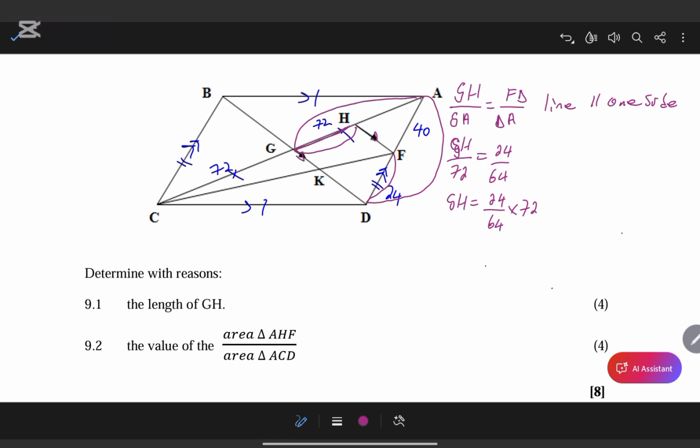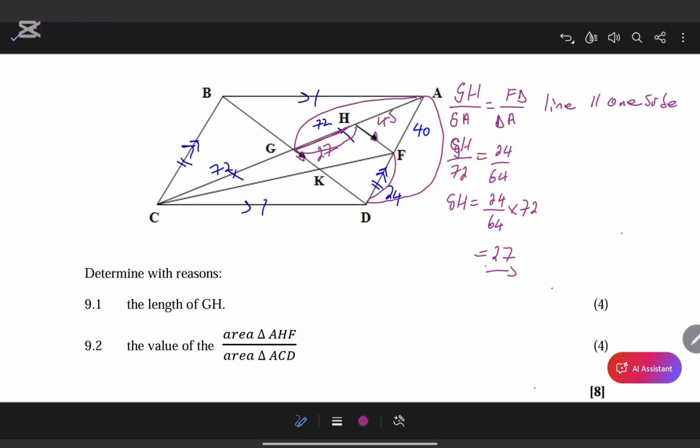That is 24 divided by 64 times 72, and the answer is 27. So the length of GH is 27. Therefore you can subtract 27 from 72 and you get 45. That means the length HA is 45 units.